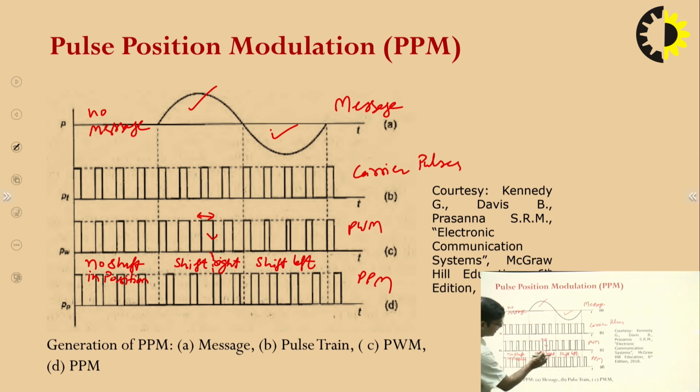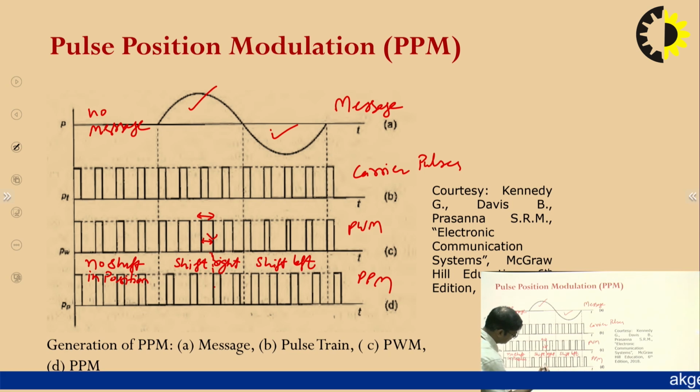So, if this width is more, the position of this PPM pulse is shifting rightward. And here, in case of this PWM, the width is smaller. So, the position of this pulse will shift leftward, to the left side.